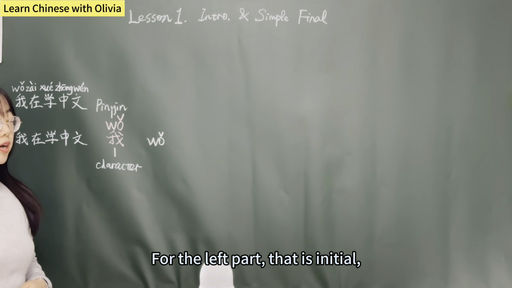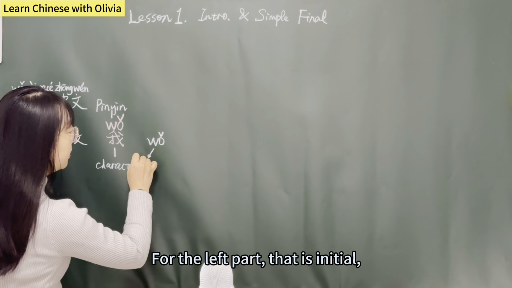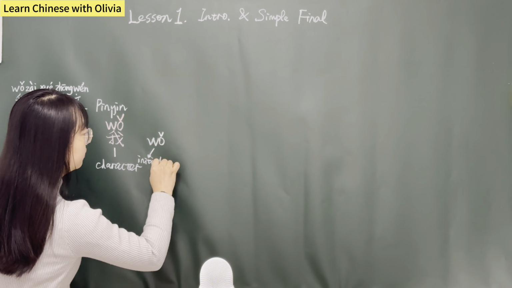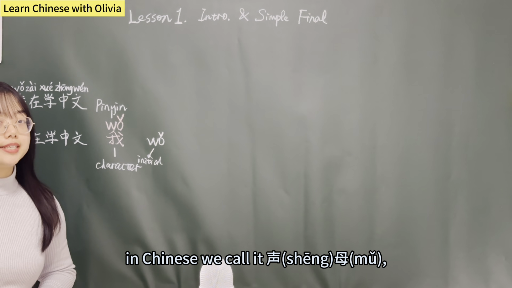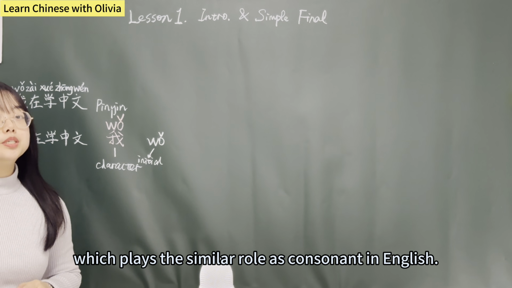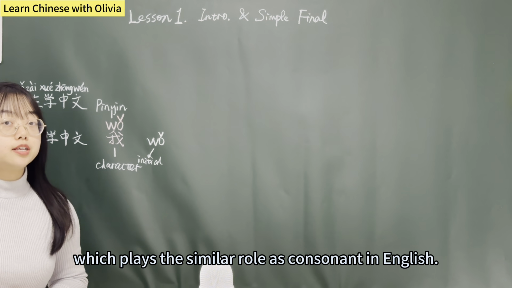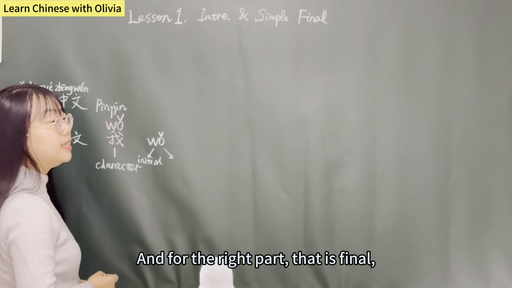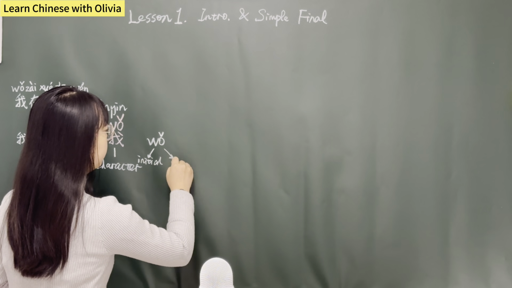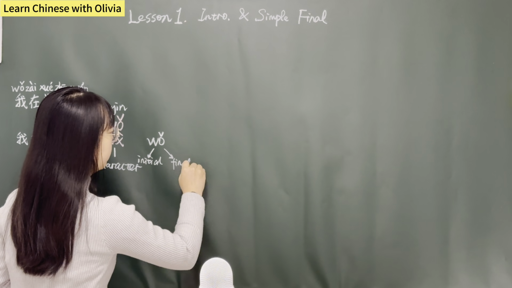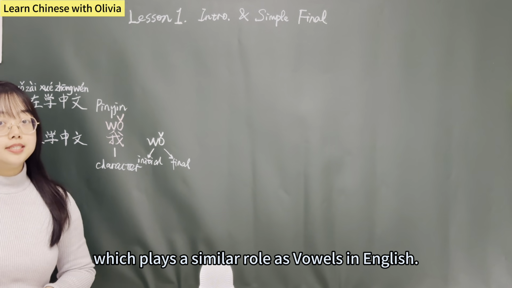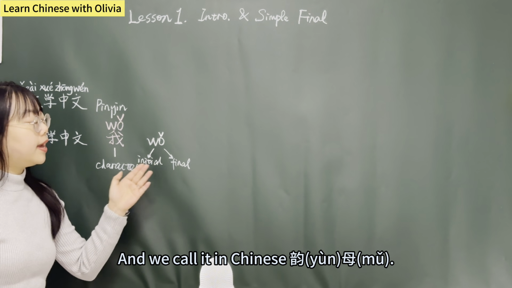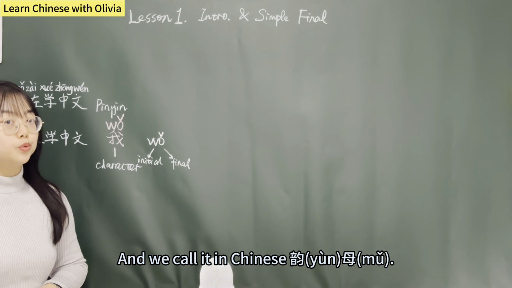For the left part, that is initial. In Chinese, we call it 声母, which plays a similar role as consonant in English. And for the right part, that is final, which plays a similar role as vowels in English, and we call it in Chinese 韵母.